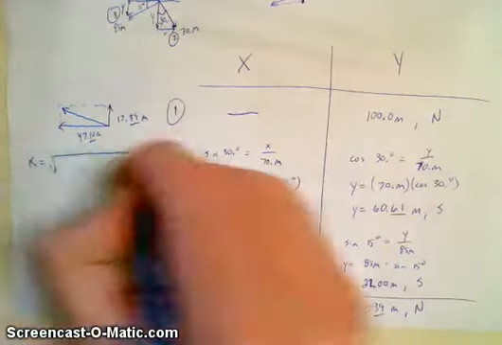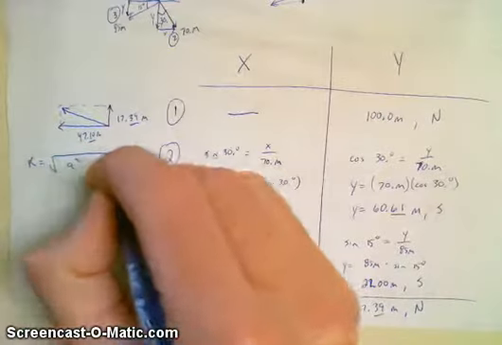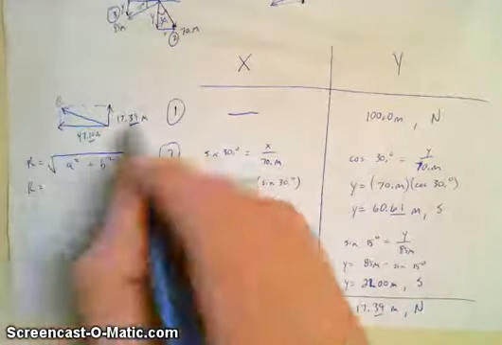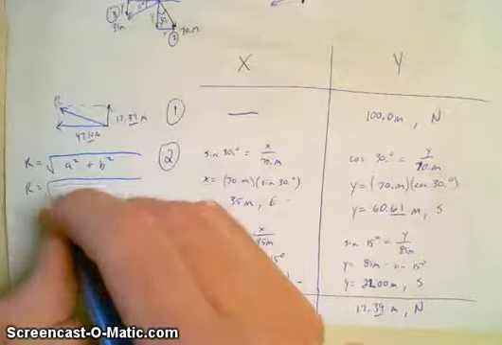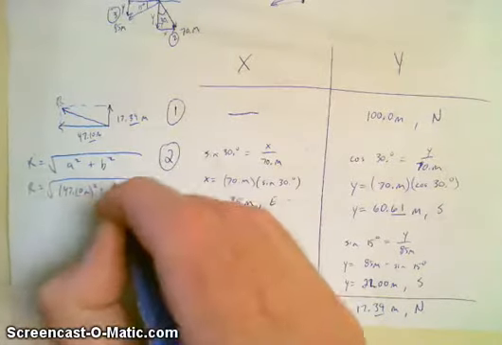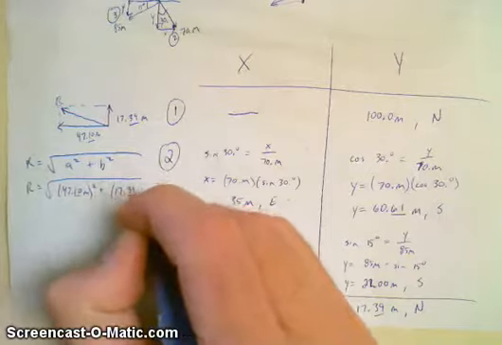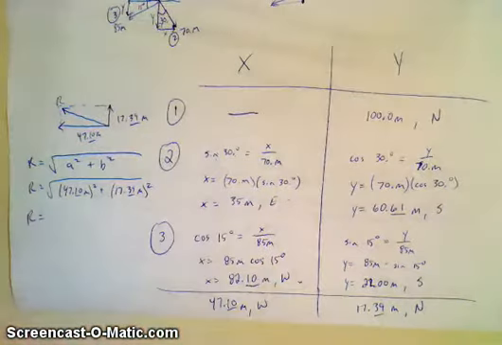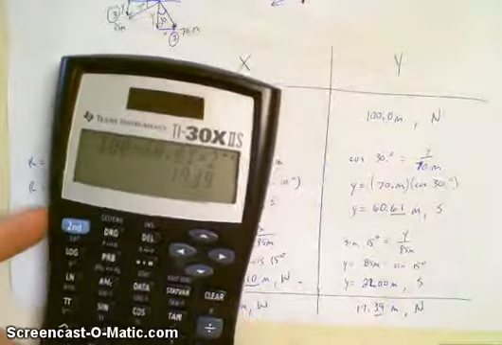R equals the square root of a squared plus b squared. So this would be our resultant value there. So we're going to square both these numbers and then take the square root. 47.10 meters squared plus 17.39 meters squared. Again, I can do this all in my calculator. I already have my 17.39 in my calculator.